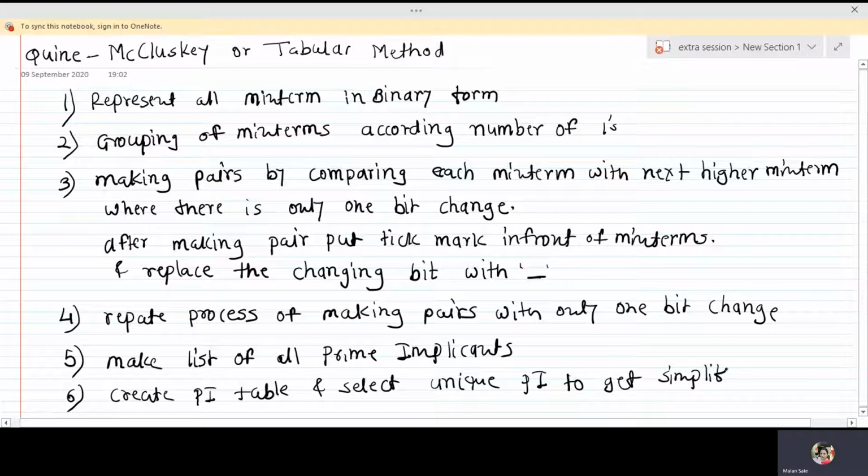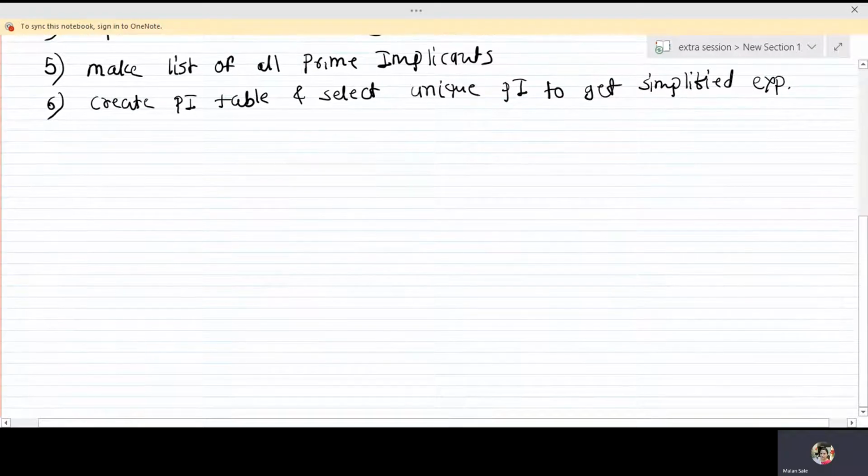Now let's discuss one example to solve using the Quine-McCluskey method. Simplify the following expression using the tabular method.